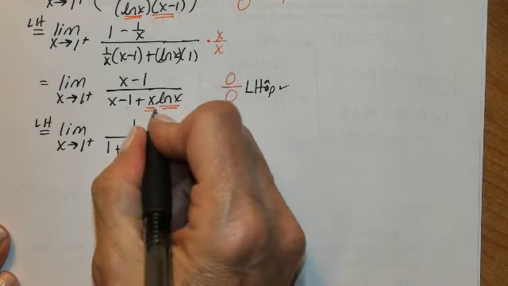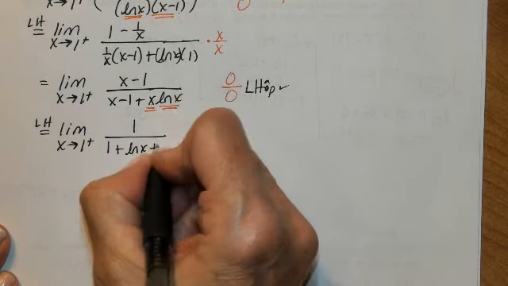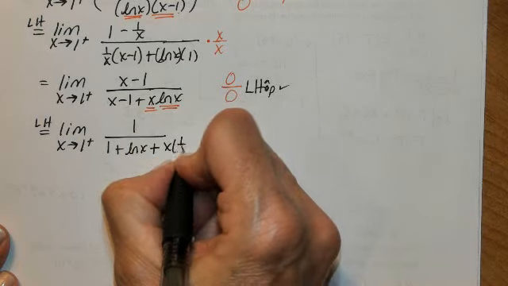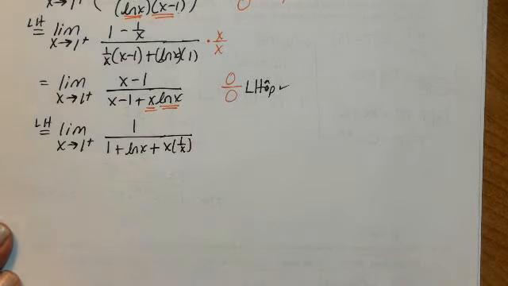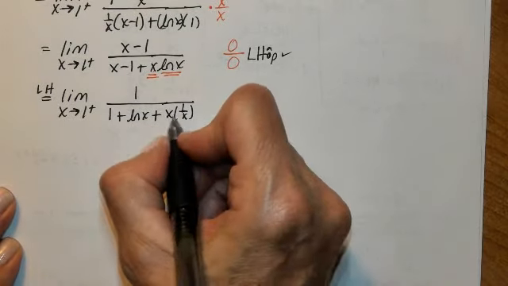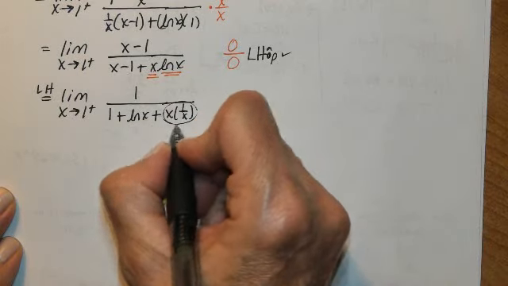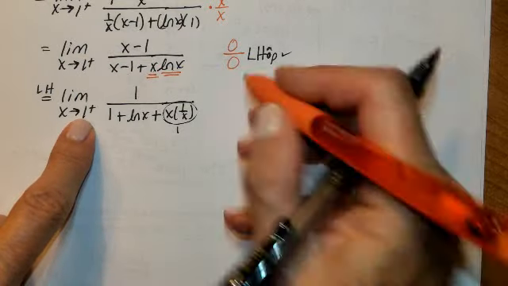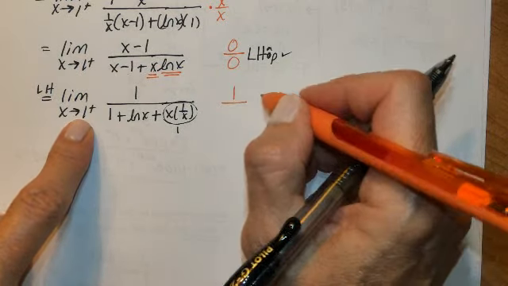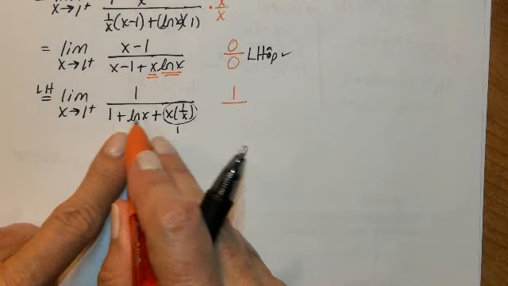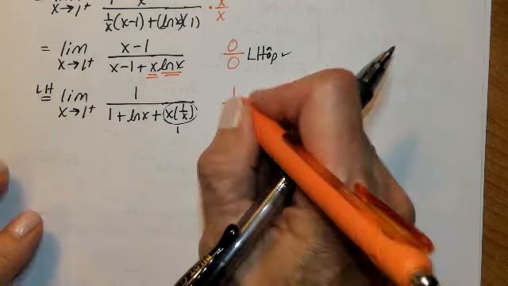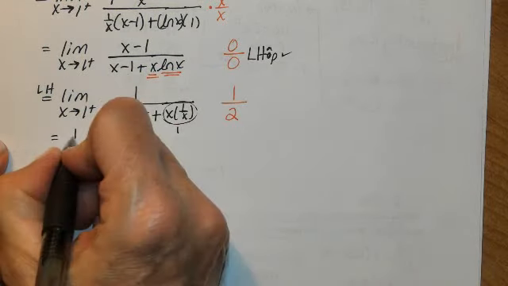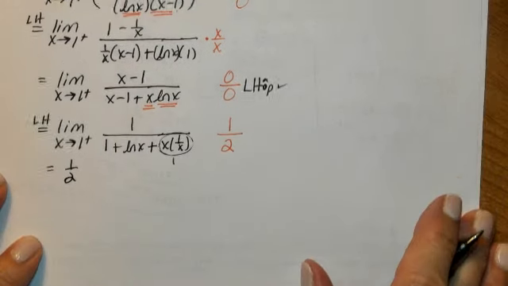So 1 times ln x plus x times 1 over x, and now this is just a 1, right? So when I plug in 1 this time, I get 1 on top. On the bottom, I get 1 plus 0 plus 1, which is 2. So this is a half.